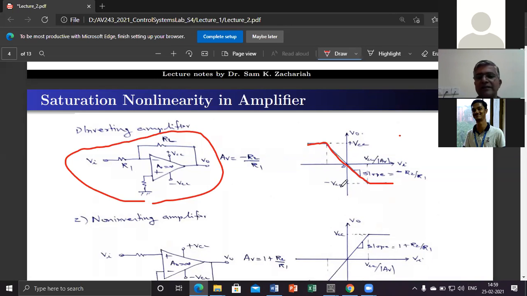And if it is minus 15 volt, you can put the effective saturation limit at minus 13 volt. You don't have to go up to the full range, because after that offset, the device will enter its saturation or cutoff zones partially, and hence the linear performance will be affected.